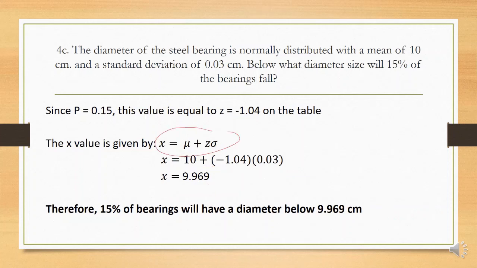Nanggaling ito dun sa ginagamit natin na x minus mu divided by the standard deviation. So, ang ginawa lang is sinubstitute ito, and this one. So, you get the exact value. Okay? So, we have 9.969 centimeters ito, no? So, therefore, 15% of bearings will have a diameter below the 9.969 centimeters.